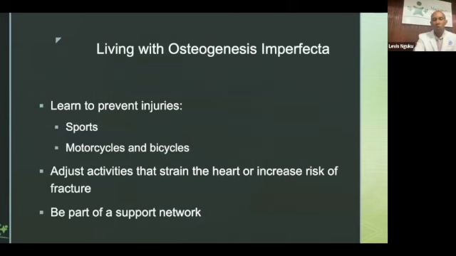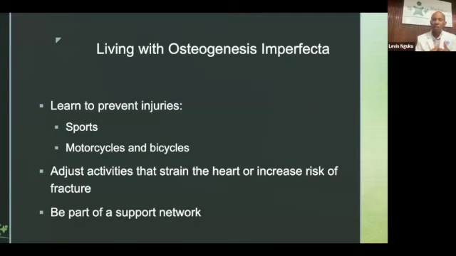What about those who are already adults? Over time, most likely they have learned how to live with osteogenesis imperfecta. But some of the things to remember is sports. Get engaged in sports that are not impact sports, so they will not strain or stress the bones. Things like motorcycles and bicycles.